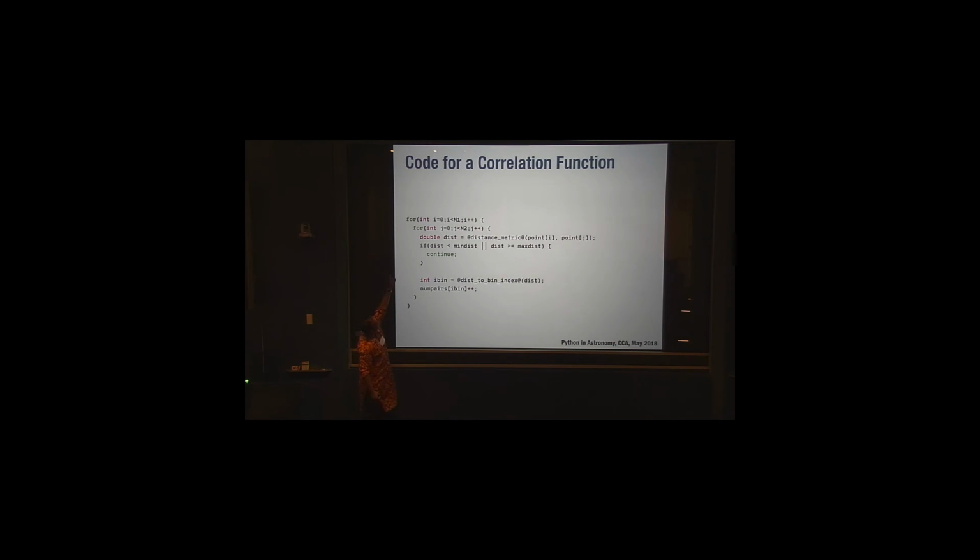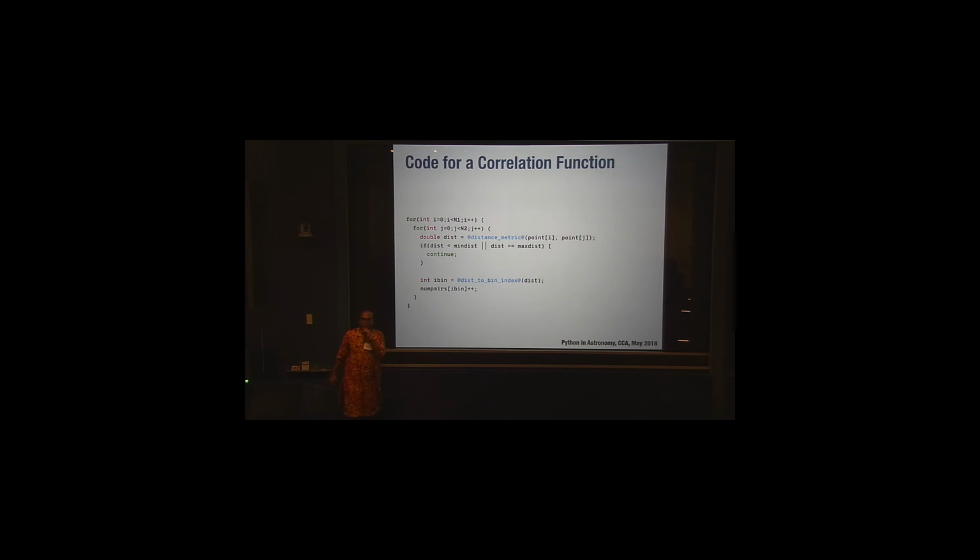So this is what a correlation function code looks like. All it is a loop over the first set of points, then the loop over the second set of points, which is n1 and n2. You have your ith point and your jth point. You have some distance metric. It couldn't be simpler. This is the simplest possible code to compute separations.